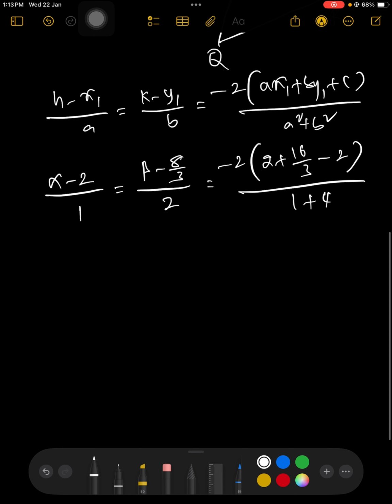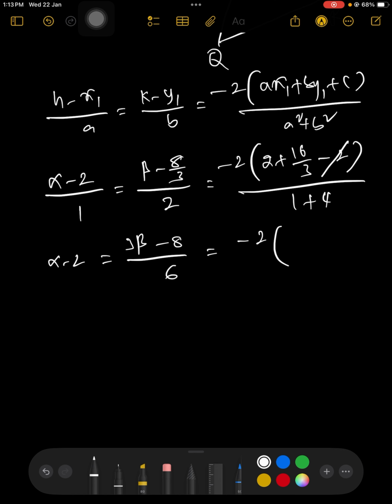Then alpha minus 2 equals (3 beta minus 8) by 6 equals minus 2 times, the 2 will get cancelled, and this we can write directly as minus 32 by 15.